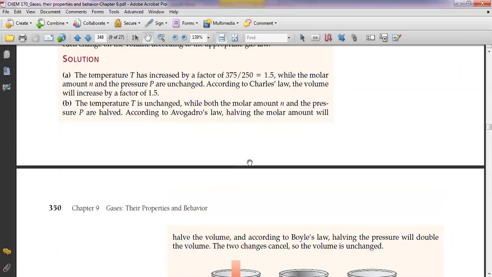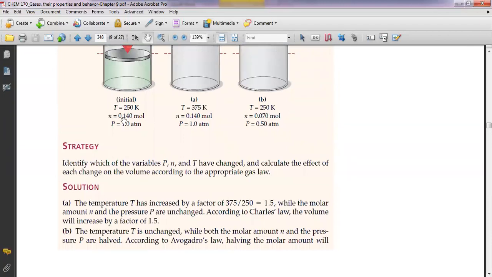The number of moles is half, and the pressure will also be half. For this case, the pressure is half. That means the volume will be double, because according to Boyle's law the volume is inversely proportional to the pressure.